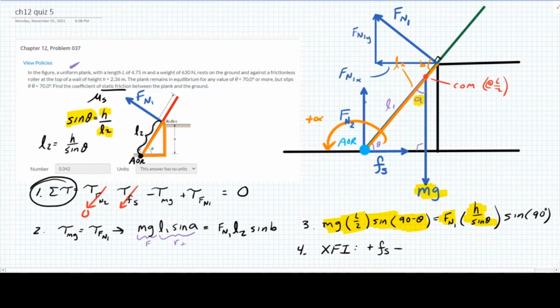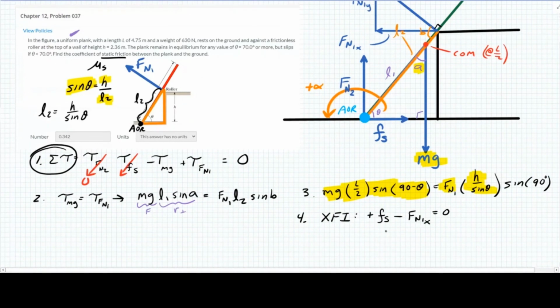Okay, so back to my X force inventory, plus F sub s is going to the right, minus Fn1x is leftward oriented, equals 0.